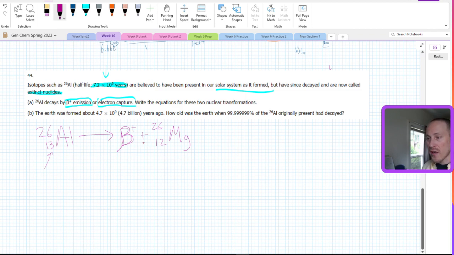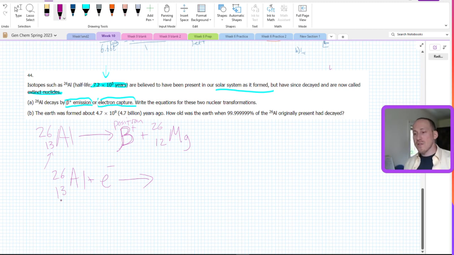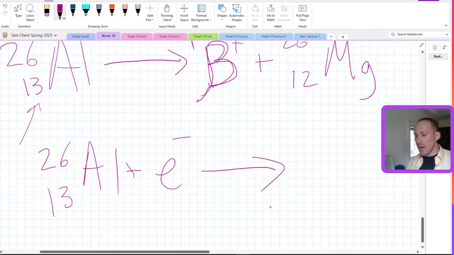Now with electron capture, it's actually the same result. The difference is instead of losing a positron, we're going to gain an electron. So the electron is on the left side of the arrow for electron capture.